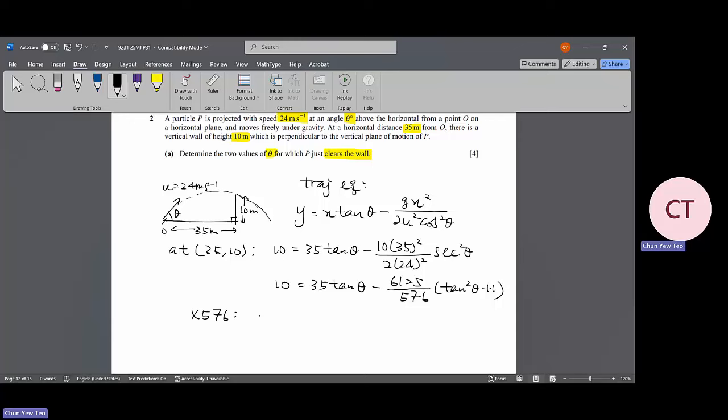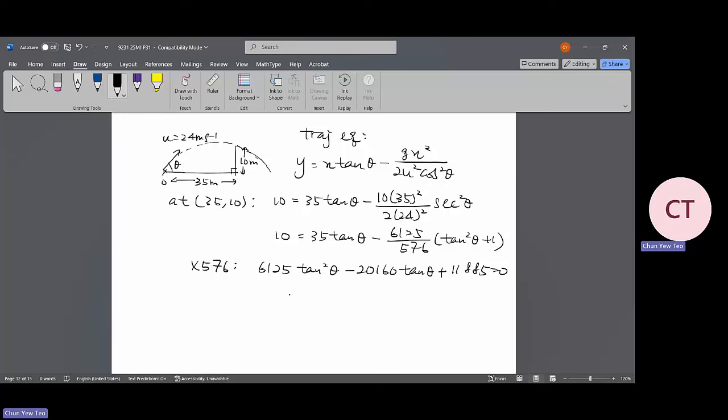So I will have 6125 tangent square theta minus 20160 tangent theta plus 6185. Then just use your calculator. You can see that your tangent theta is equal to 0.76938. Another value for tangent theta will be 2.5221.